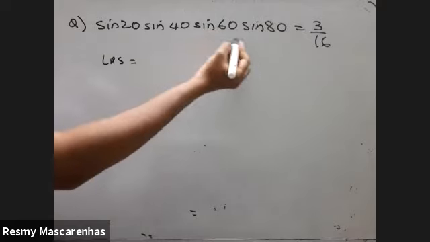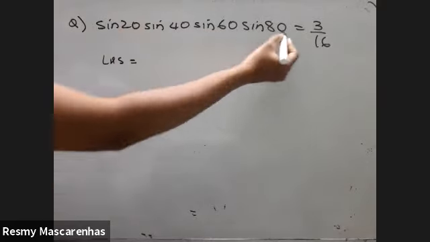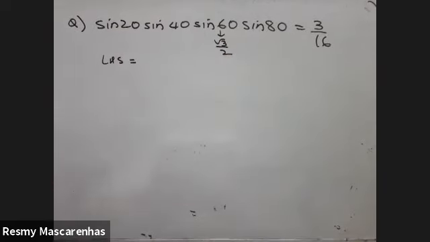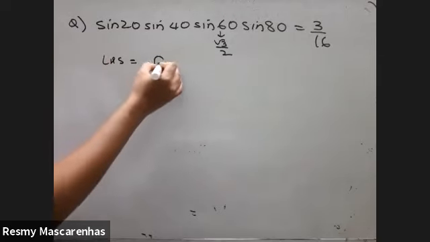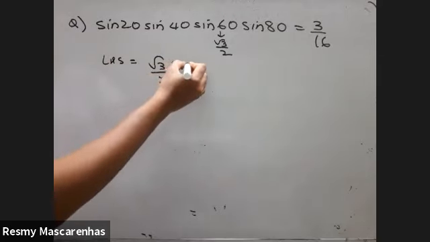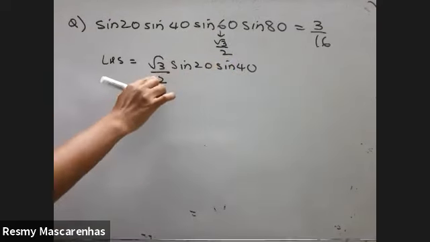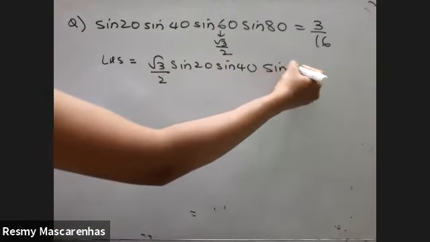So I'm not wasting time now. You know that on the left hand side you have to write this. Sine 60 is how much? Root 3 by 2. The answer will be root 3 by 2, sine 20, sine 40, sine 60 is gone. Root 3 by 2, sine 80.